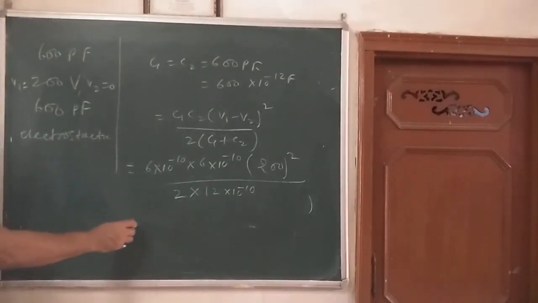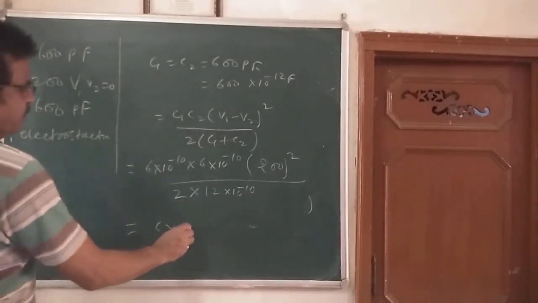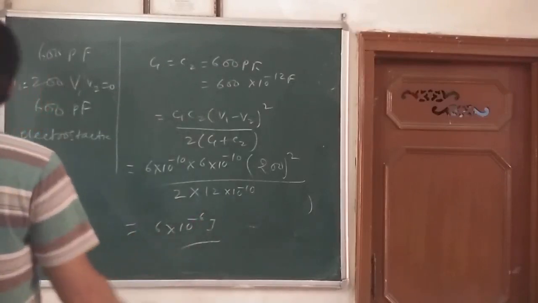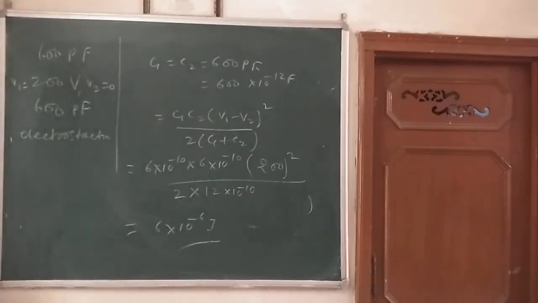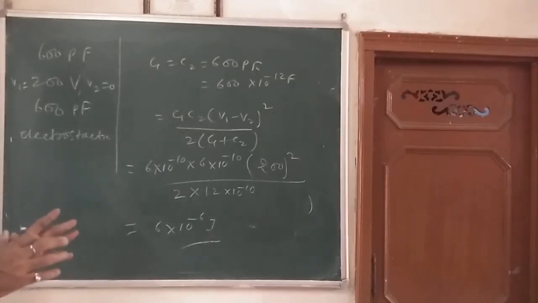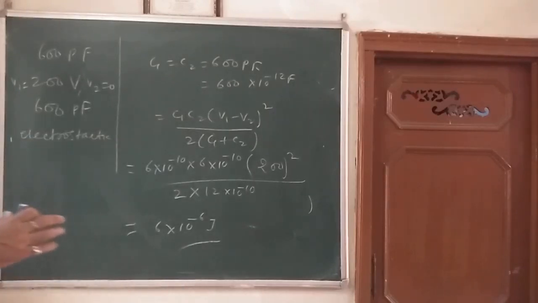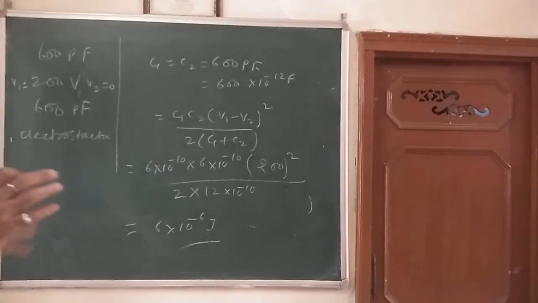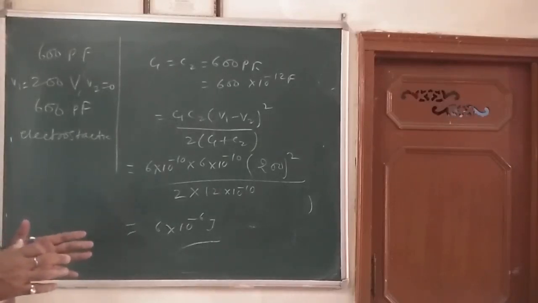So easily you can solve it and get the answer. This is a 1 mark question only. Is that clear? So this is the way to solve the problem. Okay dear children, so this is all about today's class.